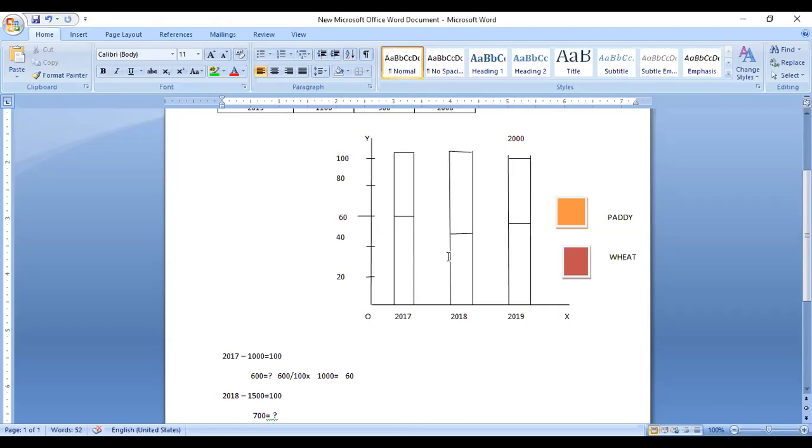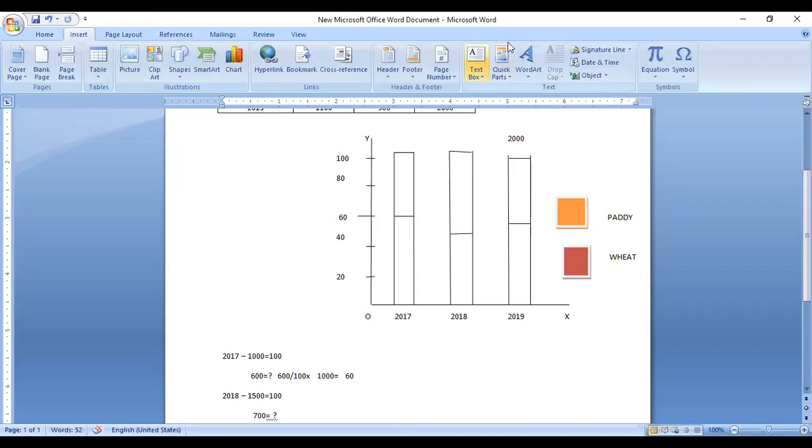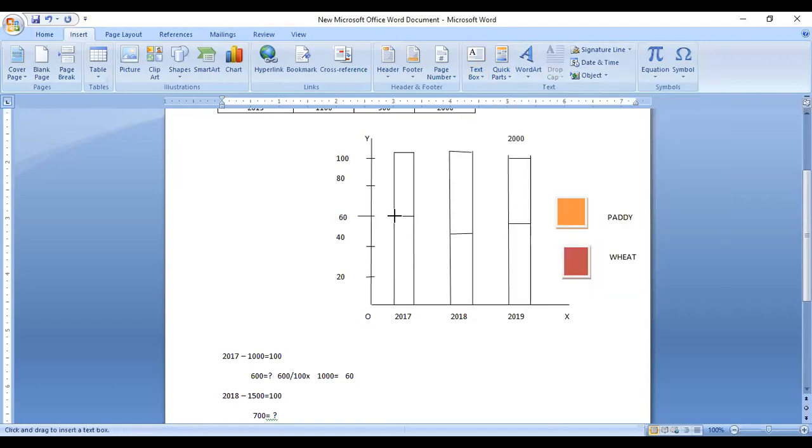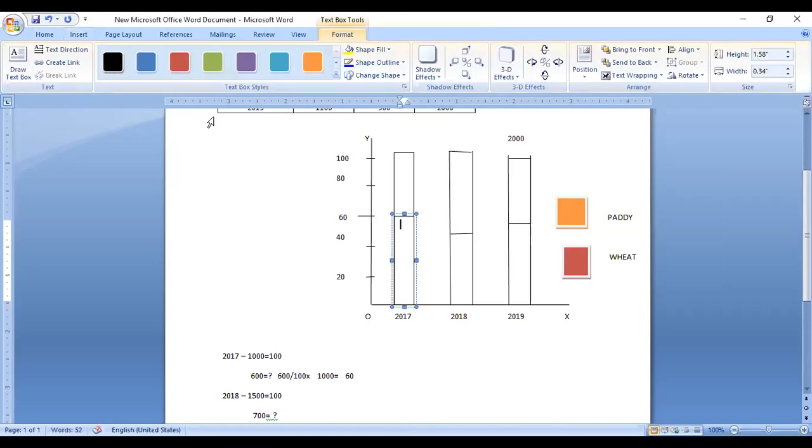As usual we have to color them. For easy distinction between the two, we have to draw color. Again the same colors.